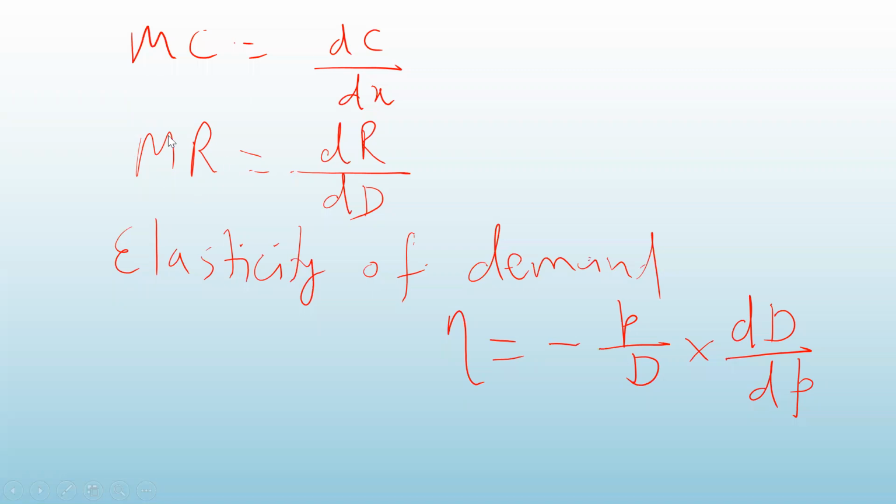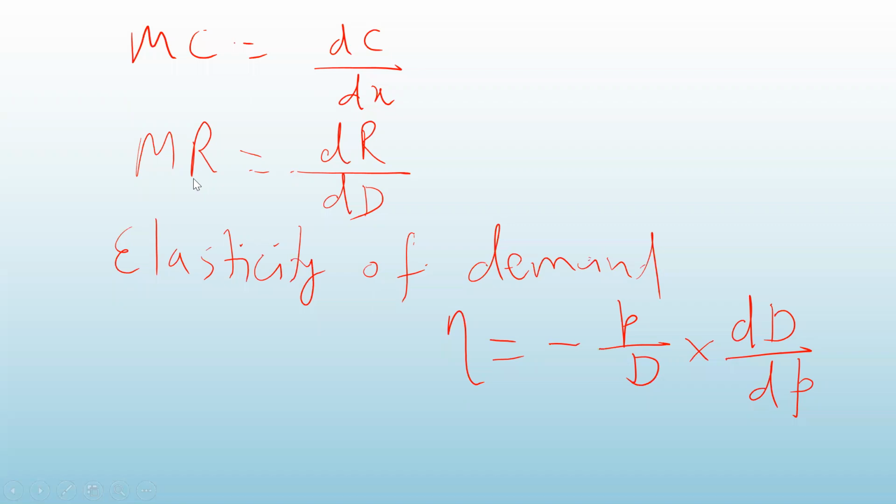Then marginal revenue. You know that revenue depends upon the demand of the item, correct? So revenue changes when the demand changes. So the rate at which the revenue changes with respect to the demand, which is called as a marginal revenue.